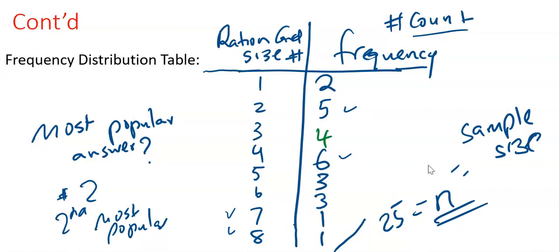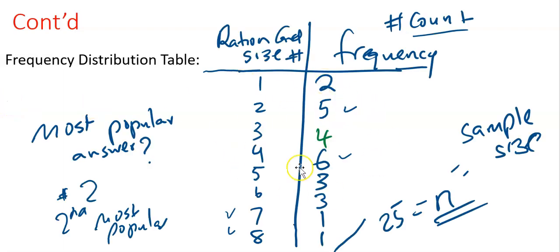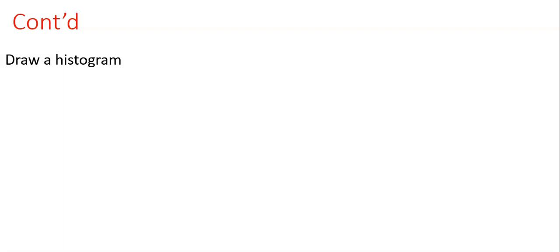The essence of having a frequency distribution table is basically to help any individual who is looking at that table to easily identify the answers they are looking for. Okay, so with this frequency distribution table, we have to draw a histogram.